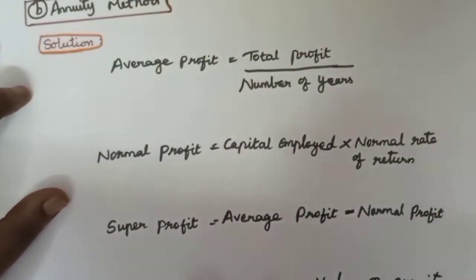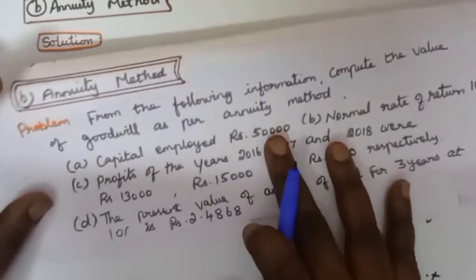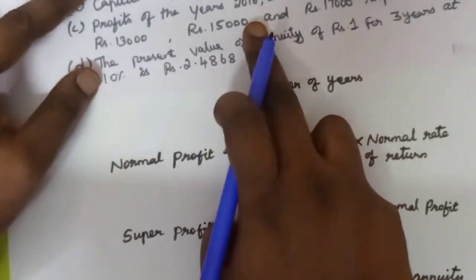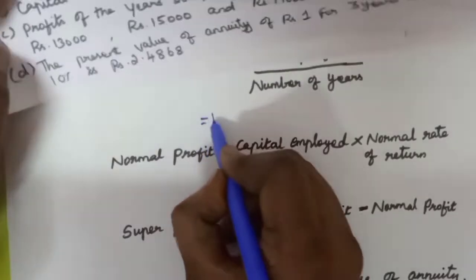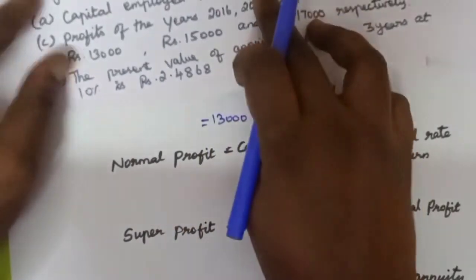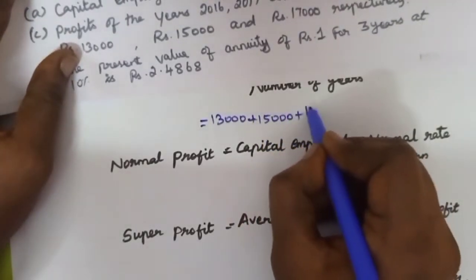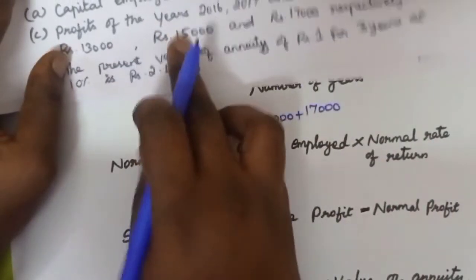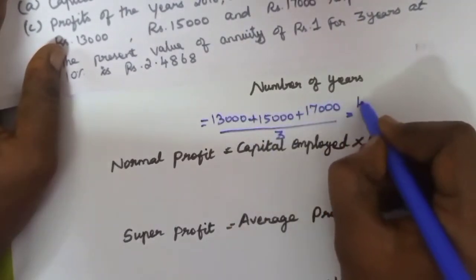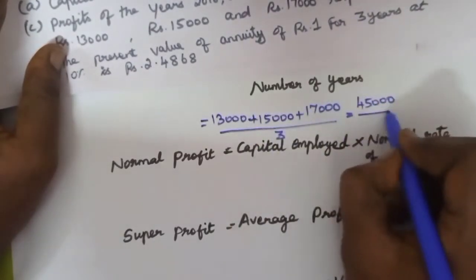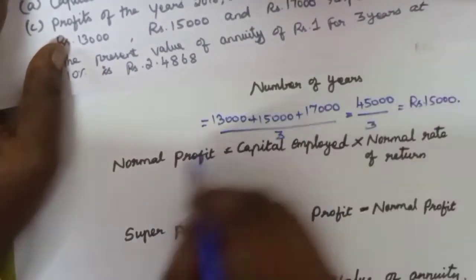First, determine average profit. Average profit is equal to total profit divided by number of years. So what is the total profit? 3 years profit is given: 13,000 plus 15,000 plus 17,000, which is 45,000. Divided by 3, rupees 15,000 average profit.